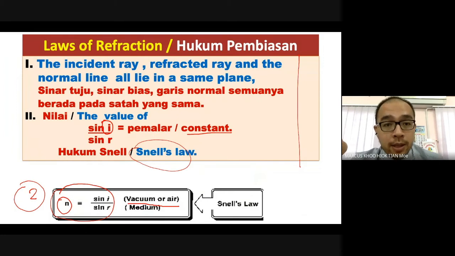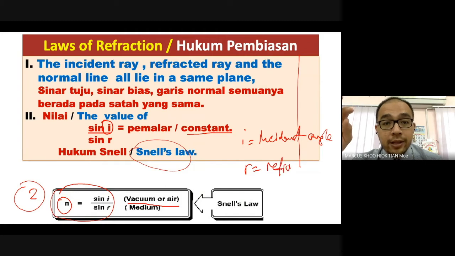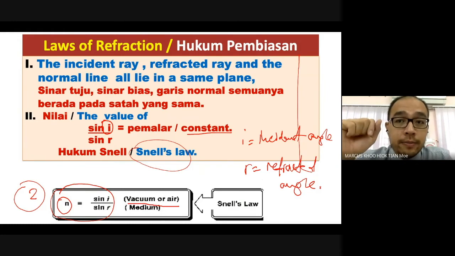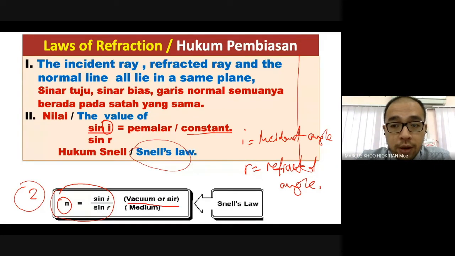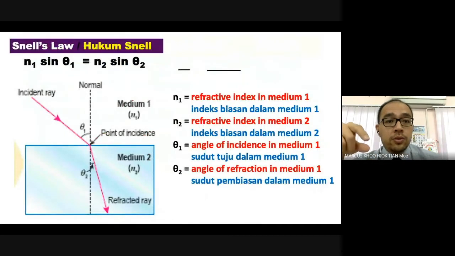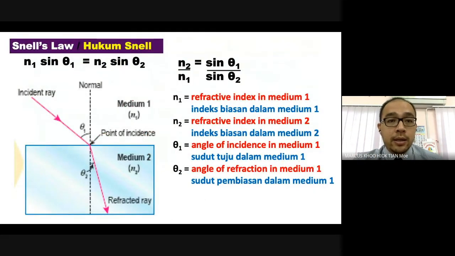Remember once again, I is the incident angle, and R is the refracted angle. Now, in the space where you are required to write the Snell's law, you can write this formula: n1 sine theta 1 equals n2 sine theta 2.